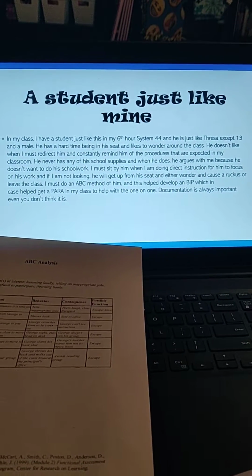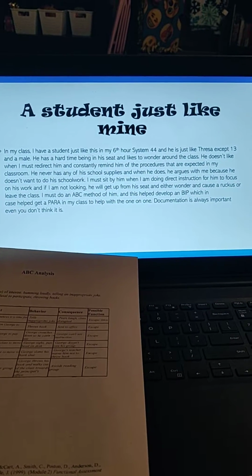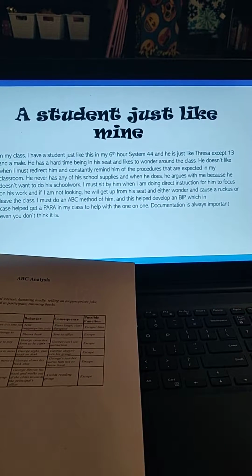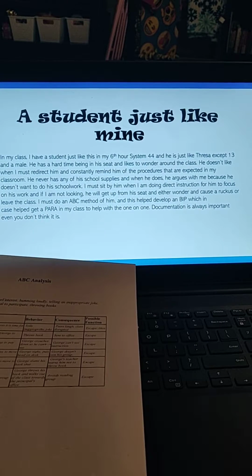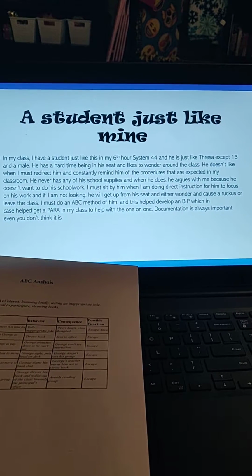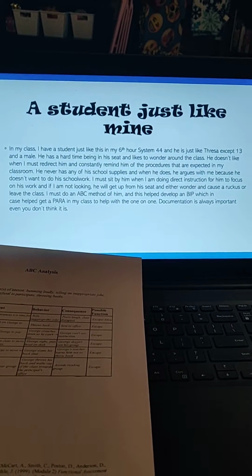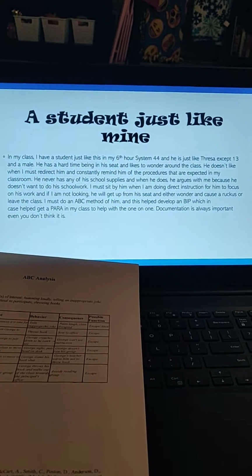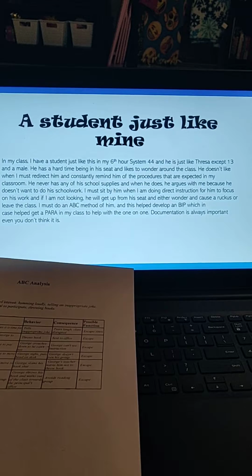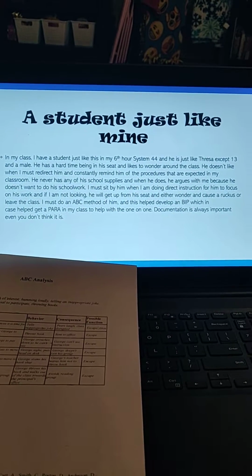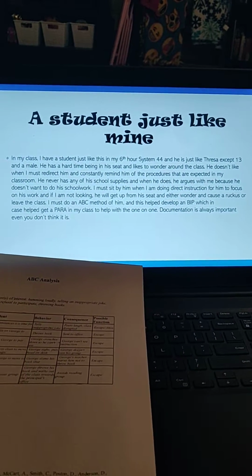Sometimes it doesn't stop, it goes the whole entire period. Calculating the length of time that the behavior lasted is very difficult to do, but sometimes it's easy if you make a graph or a word chart. But sometimes you can also write if they're working independently or working in a group setting.